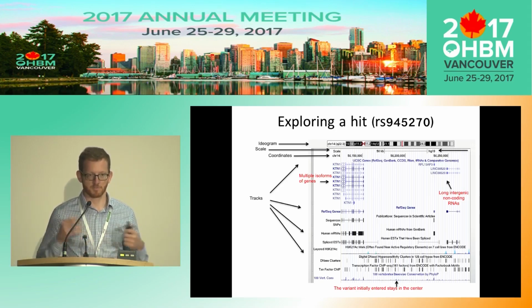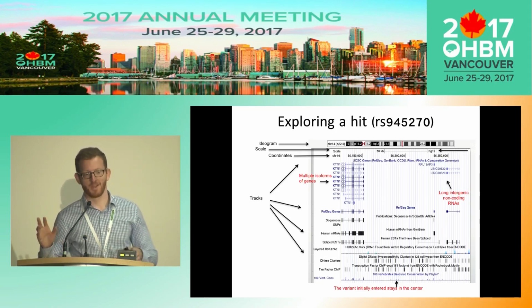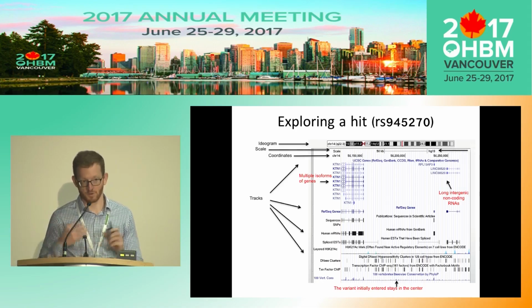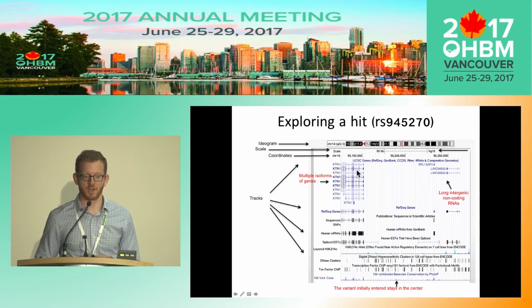And luckily, because biology has been working on the genome for a long time, we have identified regions of the genome where we know the functionality. We don't know the functionality of most of the genome, but we know some functionality for some regions. One of those pieces of functionality is genes, right? Genes can encode proteins. For example, KTN1 is a gene that encodes a protein.